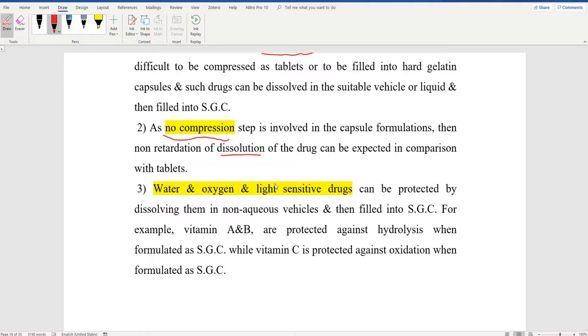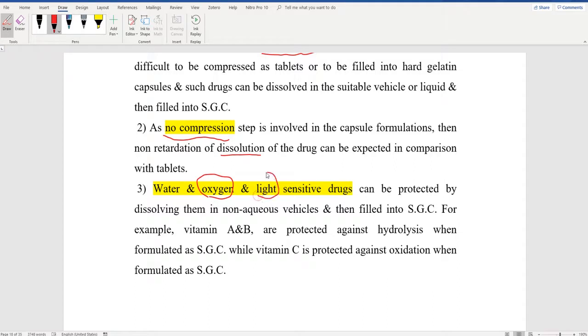Again, as I said, in hard gelatin capsules, the protection is not 100%, especially since the shells are sensitive to moisture, and some air can penetrate slowly, very slowly, but it can penetrate, allowing some oxidation.